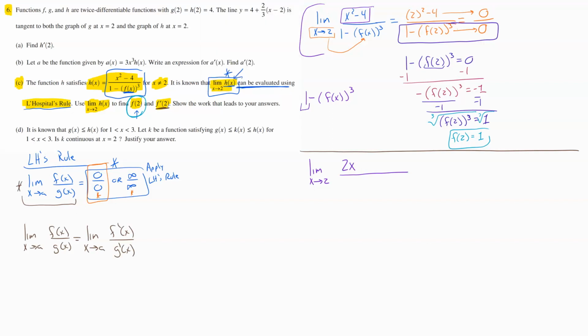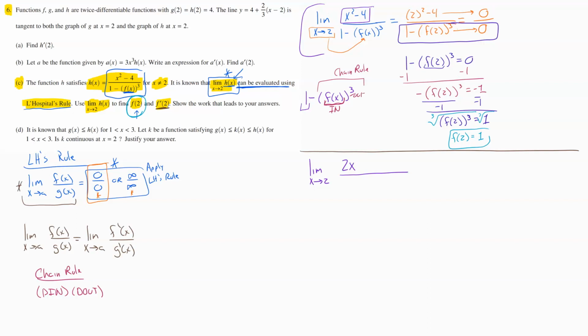Then looking at this piece here, this would be a chain rule because we have a function inside another function. My chain rule recipe goes d in times d out: the derivative of whatever is inside, which in this situation would be f of x, times the derivative of the out.